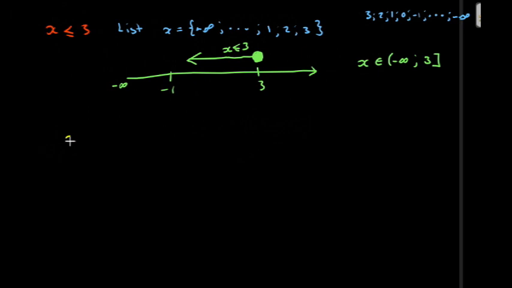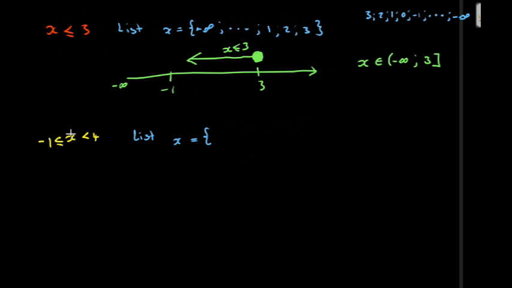What if I'm given x is less than 4, but greater or equal to negative 1? I want to list all the values. Do we need negative 1? Because of this, yes, we need it.